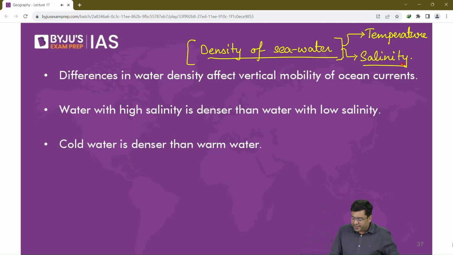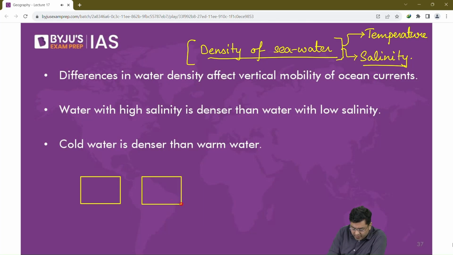So I guess many of us are unable to understand the meaning of density in itself. So, okay, fair enough. If I talk about this seawater, I'll talk about two samples. Then we will understand what density is.